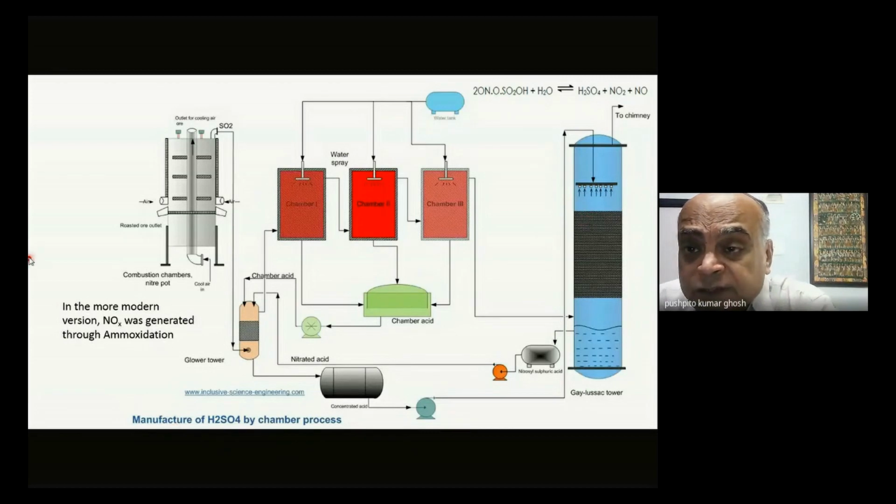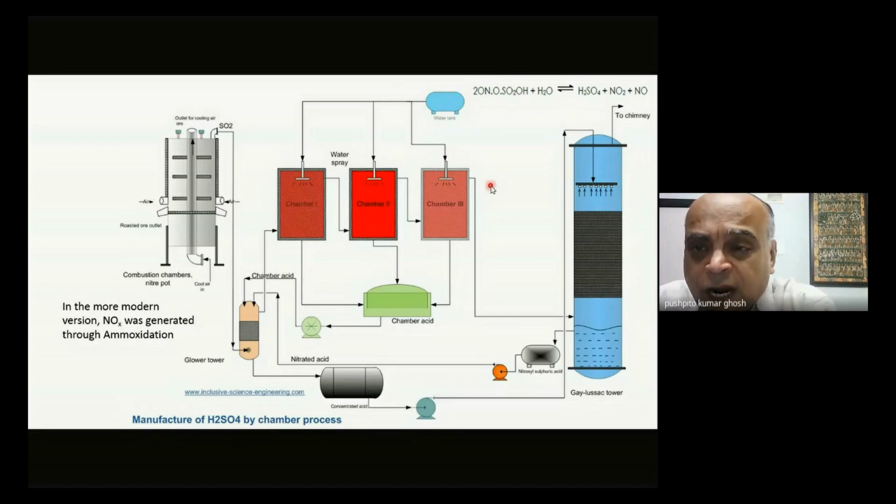Now, this tower is known as the Gay-Lussac tower. So I hope you can see that there were very great minds who worked on these things, starting from Glover. We don't know actually about their contributions in these kinds of things, but they developed fantastic technologies.